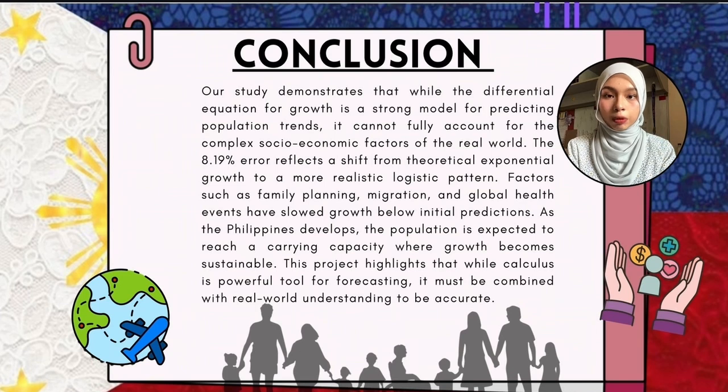Factors such as improved family planning, migration, and global health events have successfully slowed the growth rate below our initial mathematical predictions. Ultimately, as the Philippines continues to develop and urbanize, the population is expected to reach a carrying capacity where resources and growth reach a sustainable balance. This project highlights that while calculus is a powerful tool for forecasting, it must be paired with an understanding of the human and environmental limits to be truly accurate.